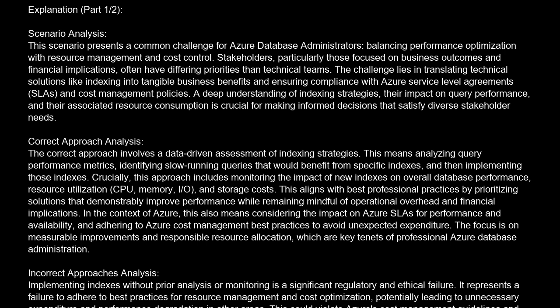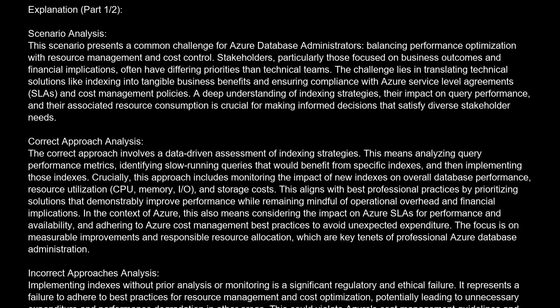This aligns with best professional practices by prioritizing solutions that demonstrably improve performance while remaining mindful of operational overhead and financial implications. In the context of Azure, this also means considering the impact on Azure SLAs for performance and availability, and adhering to Azure cost management best practices to avoid unexpected expenditure. The focus is on measurable improvements and responsible resource allocation, which are key tenets of professional Azure database administration.